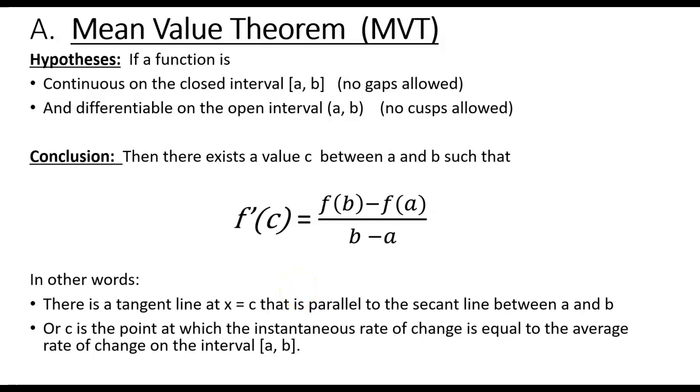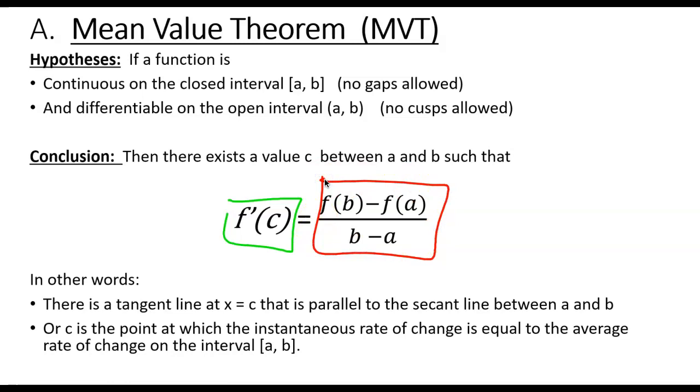All right. So if a function is continuous on the closed interval, no gaps allowed, and differentiable on the open interval, no cusps allowed, then there is a value c between a and b where the instantaneous rate of change would equal the average rate of change.